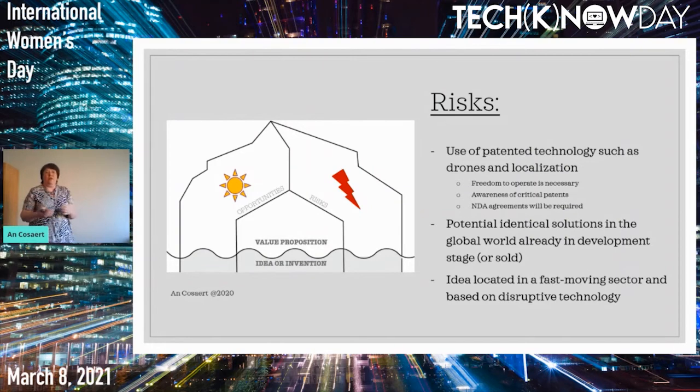This is very important. And maybe if you have the idea and you need to talk to other companies, you will have to build a kind of NDA agreement in order to talk with other suppliers, other companies, to fully develop your idea.